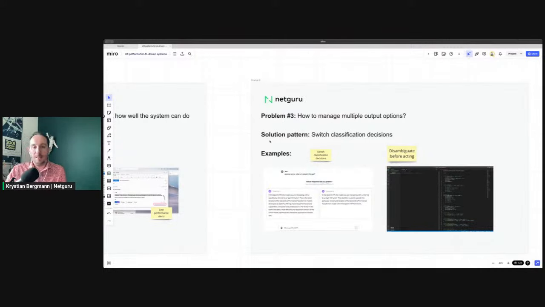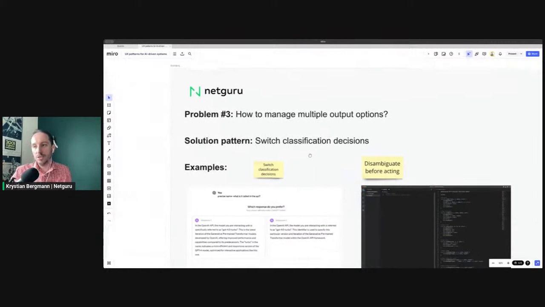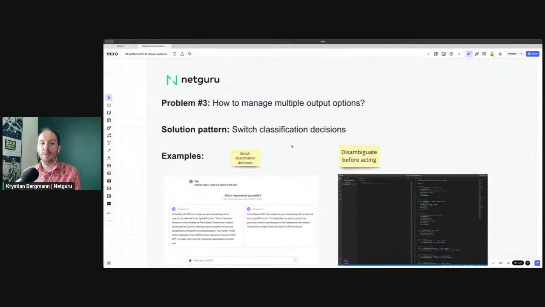The third problem is managing multiple output options. So we had this issue with managing multiple input options, where you can give the user tips and tricks on how to use the system for the first time, or just what you can do with the system. But in AI systems, and even more often with generative AI systems, you may have an issue with multiple output options, right?